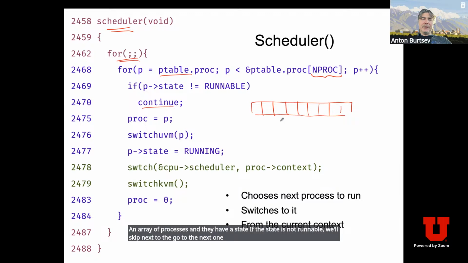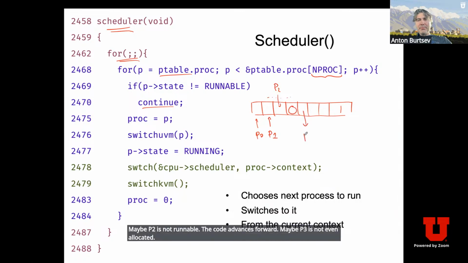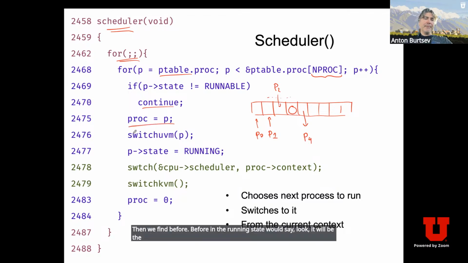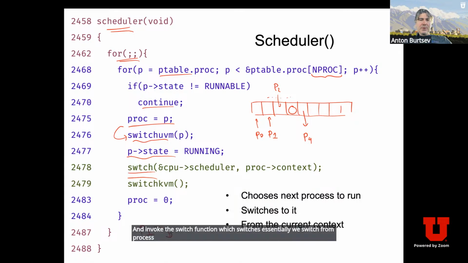Essentially, if we were running process, let's say P1, if this one was P0, maybe P2 is not runnable, the code advances forward, maybe P3 is not even allocated, then we find P4 in the runnable state and say, look, it will be the next process to run. We switch the address spaces in this function, switchuvm, set the state of this new process to running, and invoke the switch function, which switches essentially. We switch from process P1 into the scheduler function.